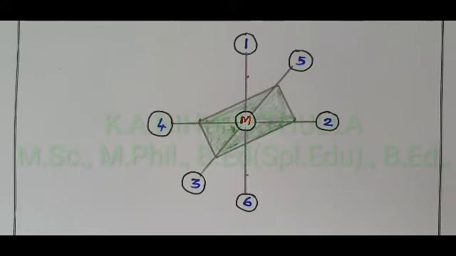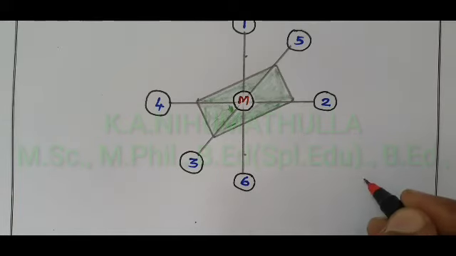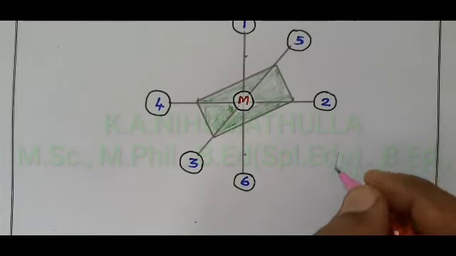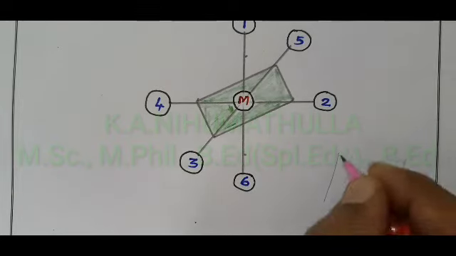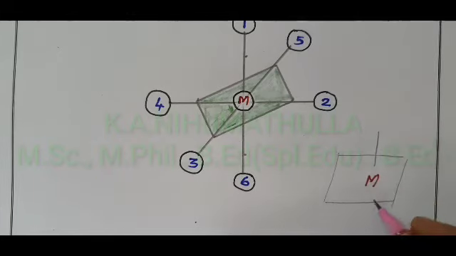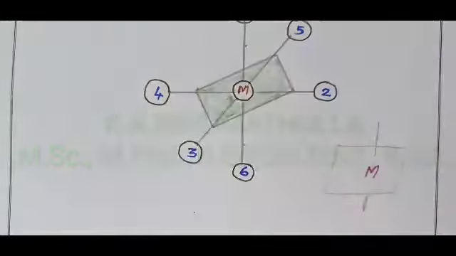Simply, we can draw the structure of octahedral complexes as follows: central metal ion M at the center. To draw, first draw a square plane. Above the plane, one ligand; below the plane, another ligand.